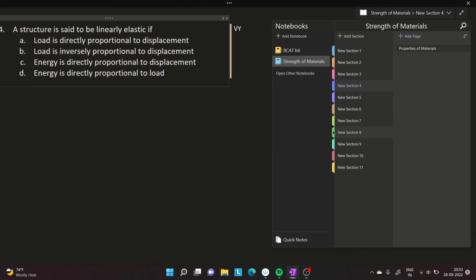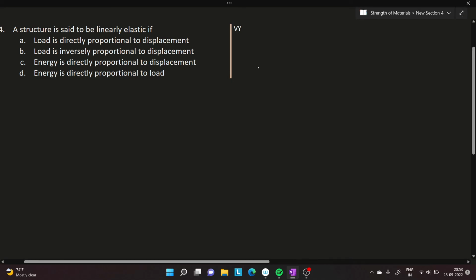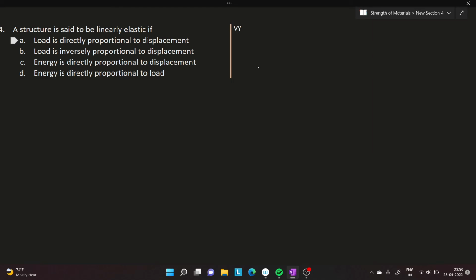A structure is said to be linearly elastic if: load is directly proportional to the displacement, load is inversely proportional to the displacement, energy is directly proportional to the displacement, or energy is directly proportional to the load.